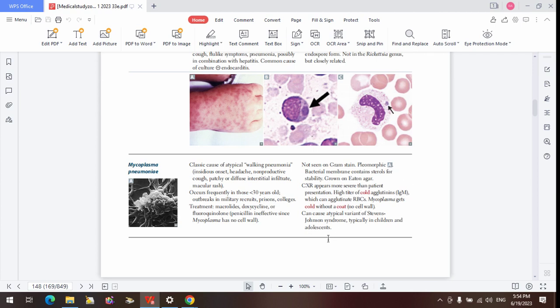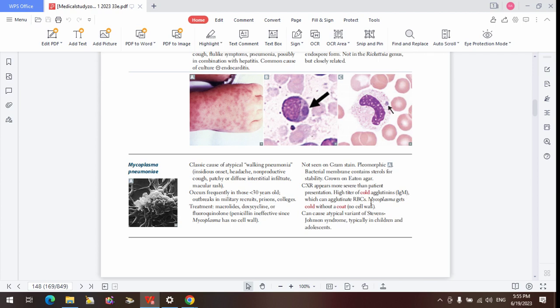So another thing I want to mention is that Mycoplasma pneumoniae is associated with high titers of cold agglutinins, particularly IgM. So that is why Mycoplasma pneumoniae can cause cold autoimmune hemolytic anemia, because they have high values of this IgM that can agglutinate red blood cells and cause their hemolysis. So we've seen a question like that, where we were talking about putting something in the cold and the cells accumulate, agglutinated.